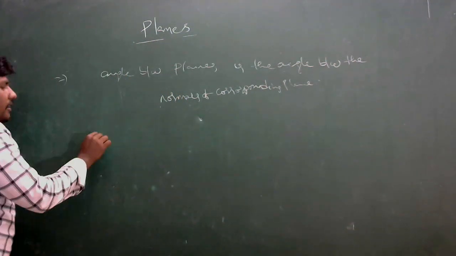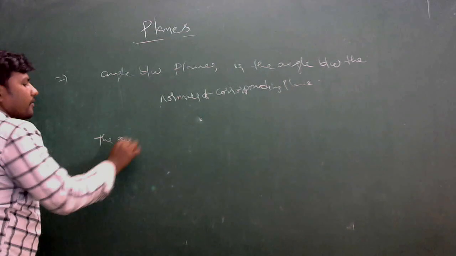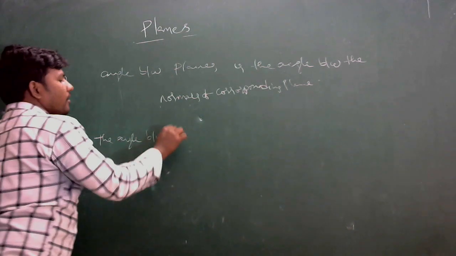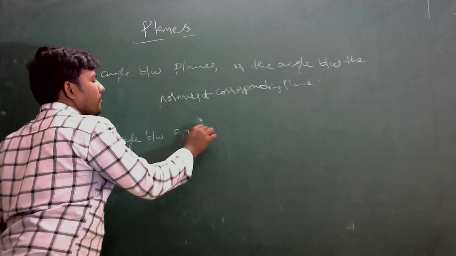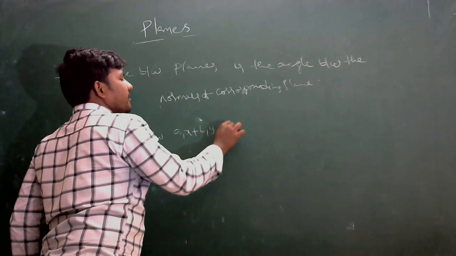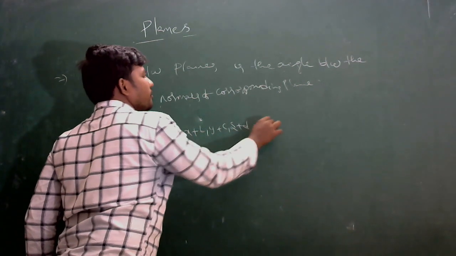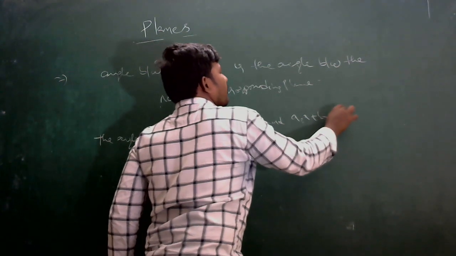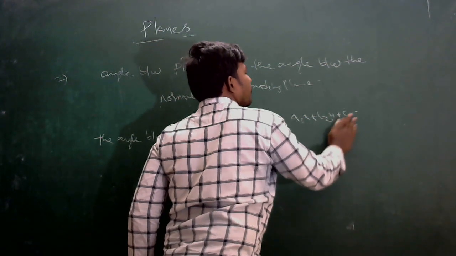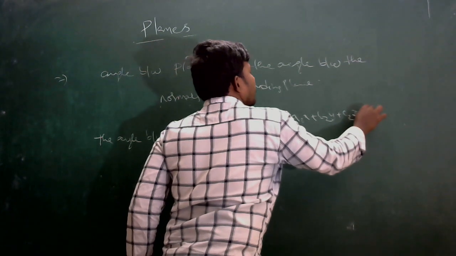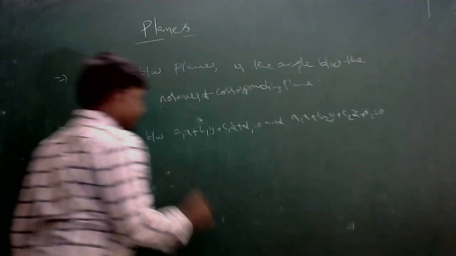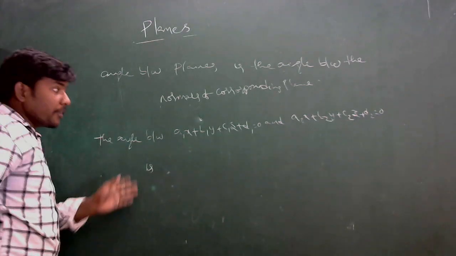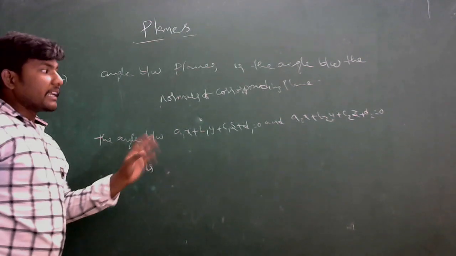That means the angle between a1x plus b1y plus c1z plus d1 equal to 0 and a2x plus b2y plus c2z plus d2 equal to 0 is the angle between the DRs.